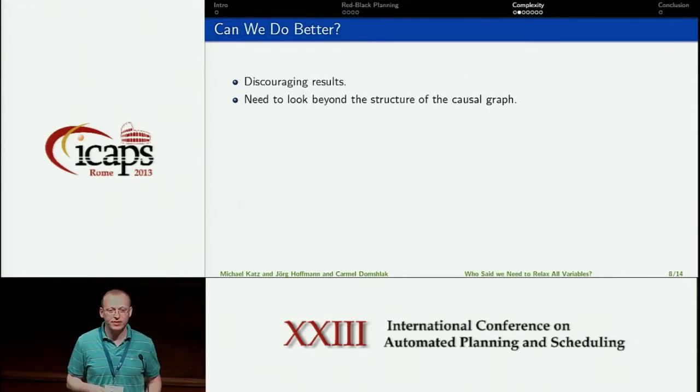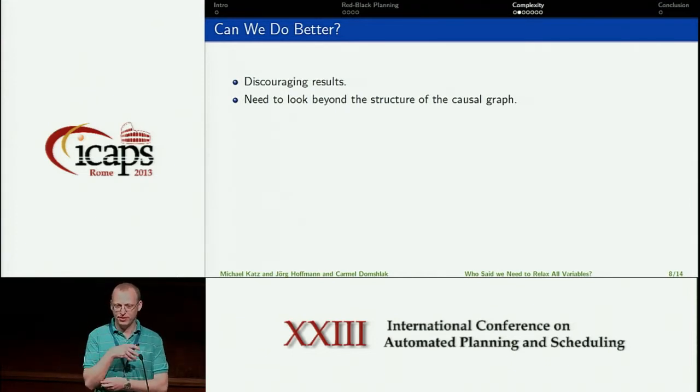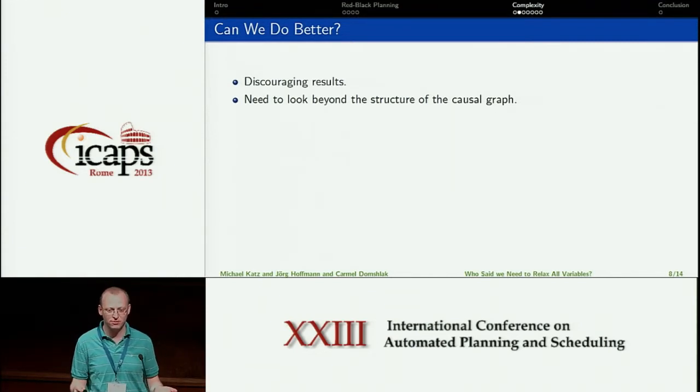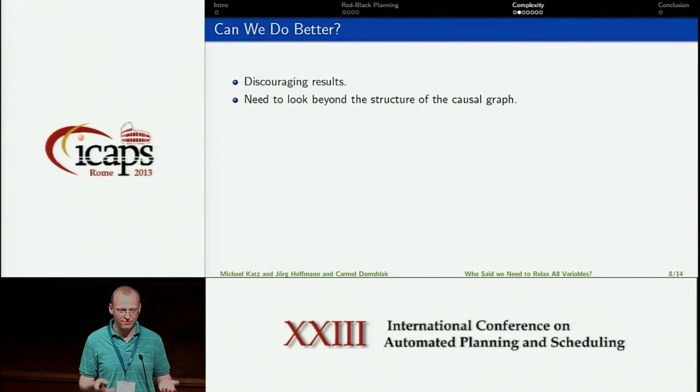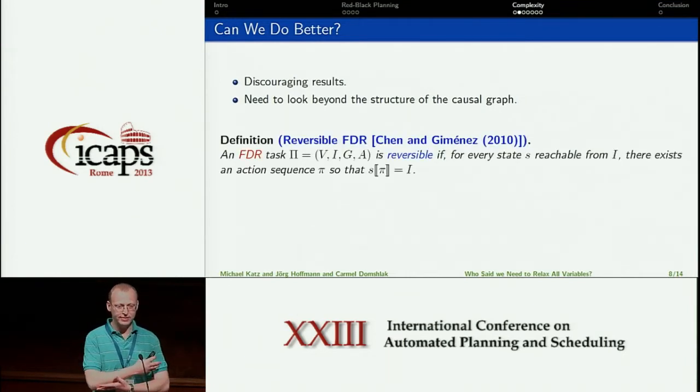So there is a paper by Yubi Chen and Omar Gimenez that says that we have to look beyond the structure of the causal graph. So we have to restrict our problem more than that. They talk about the notion of reversibility.